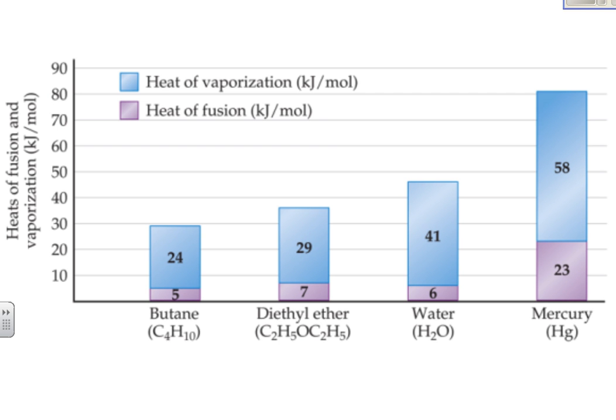In terms of the energy changes that are required for these things, we have the heat of fusion, which is the energy required to melt something, change from solid to liquid, and the heat of vaporization, which is the energy required to vaporize something. So here we have both of those values for four different substances: butane, diethyl ether, water, and mercury. So the first thing we want to notice is that obviously the attractive forces in these things are going to play an important role in the amount of energy required to either melt something or vaporize something.